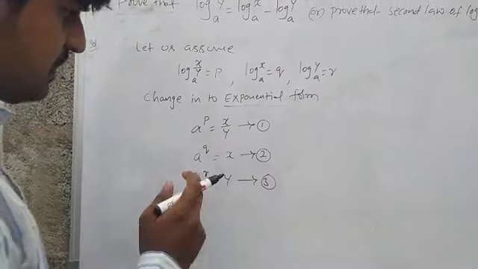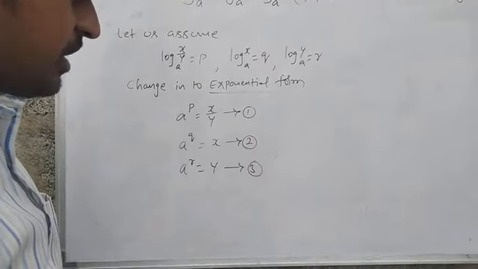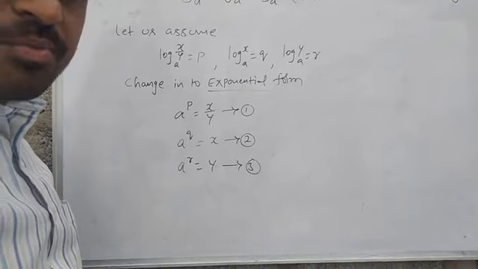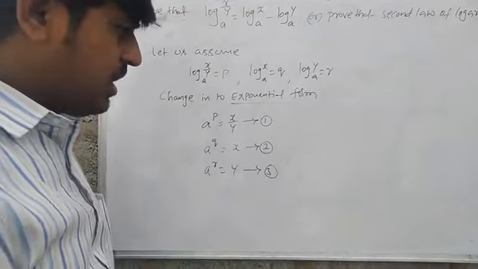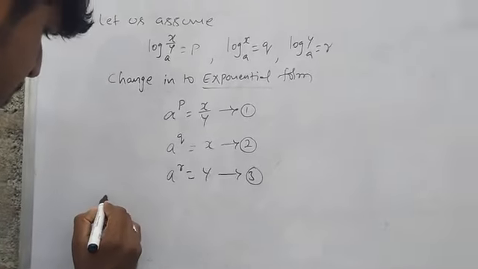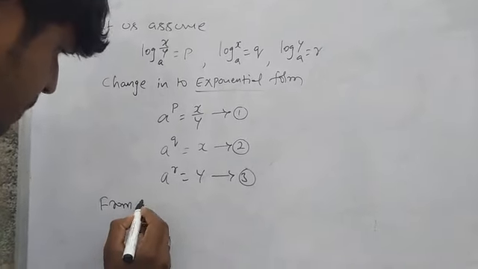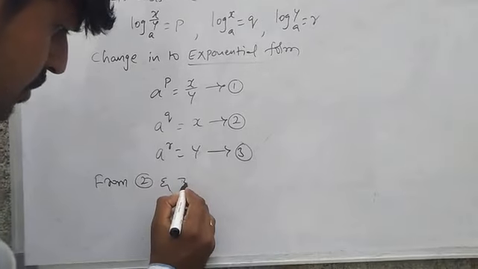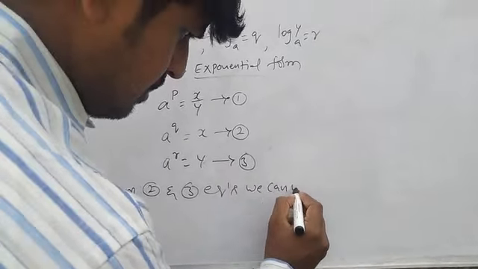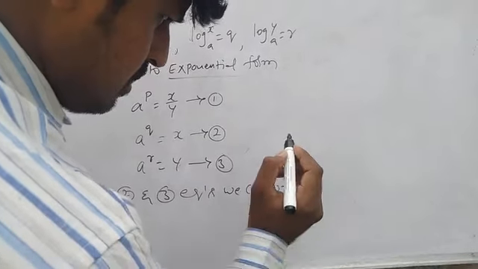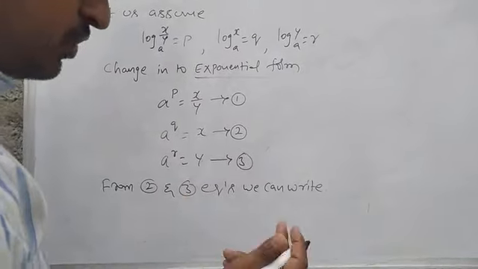These three equations. First equation is a to the power of p is equal to x by y. Second equation is a to the power of q is equal to x. Third equation is a to the power of r is equal to y. Okay, from 2 and 3 equations we can write.